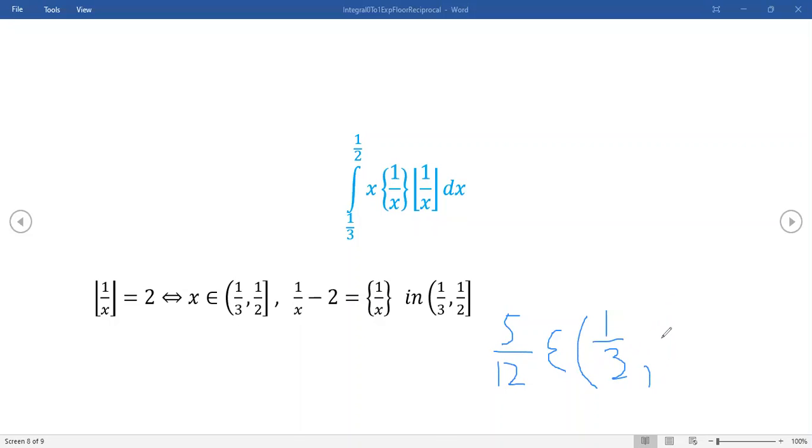Again, this is 1 divided by 3 right here. I don't want to take the time to try to erase it.